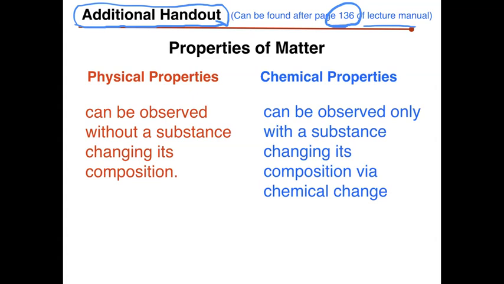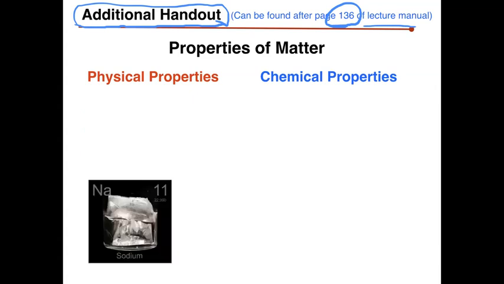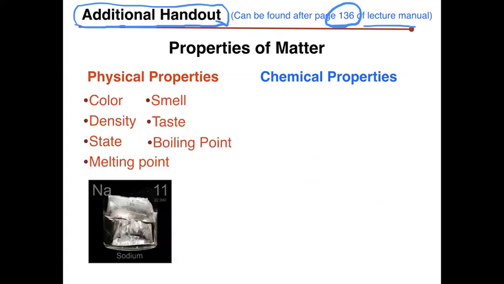For example, a physical property would be, if you have sodium metal, the things that you observe here would be physical properties. For example, color, right? It's shiny, silvery, right? The density would be considered a physical property, or the melting point, when it melts or when it boils, or if you test how it tastes or how it smells, those are considered physical properties.